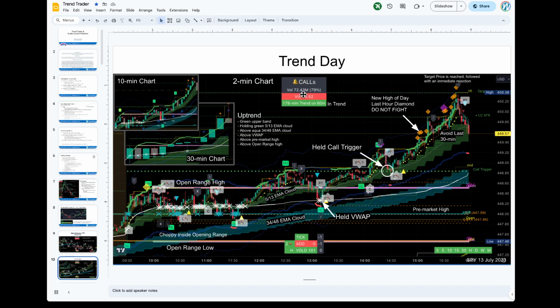Now, some other things here. This is showing you the current cumulative volume for today, and it is 79% at this point in time compared to the average daily volume on the ticker.